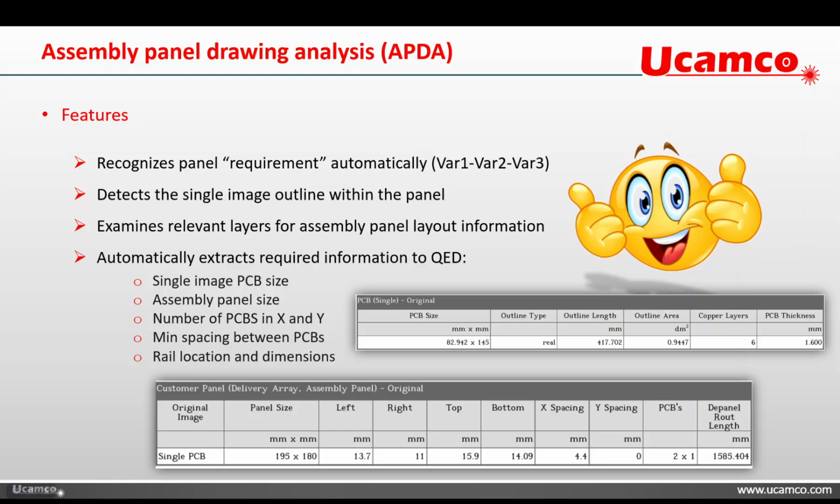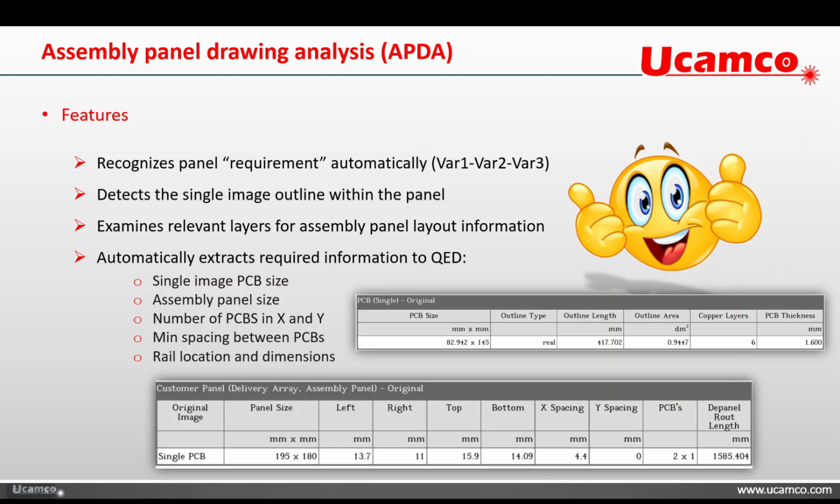The single image PCB size is going to sit in your regular block that you know from the QED report. The information that deals with the assembly panel is going to sit in the customer panel box, which many of you may already have available on their QED PDF report.